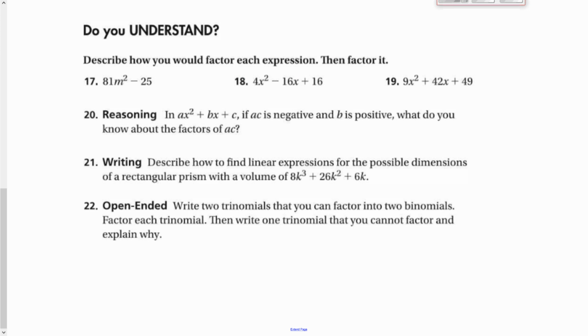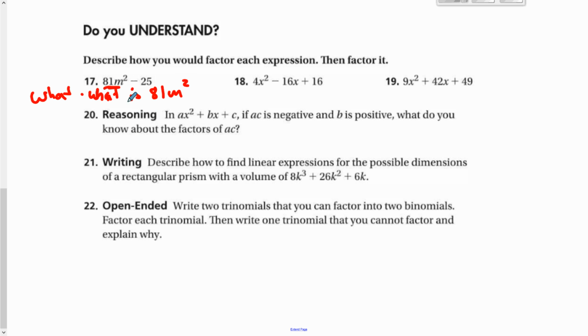Okay, so 17. We're telling how we understand, so we're describing what's happening. So if you want to, you can do the problems, right? But you're just telling what are you doing in your head, what are you asking yourself, right? So here I'm asking myself, what times what is 81? So you'd write that down. So I'm describing how I would factor it. I'd ask myself, what times what is 81m squared, right?